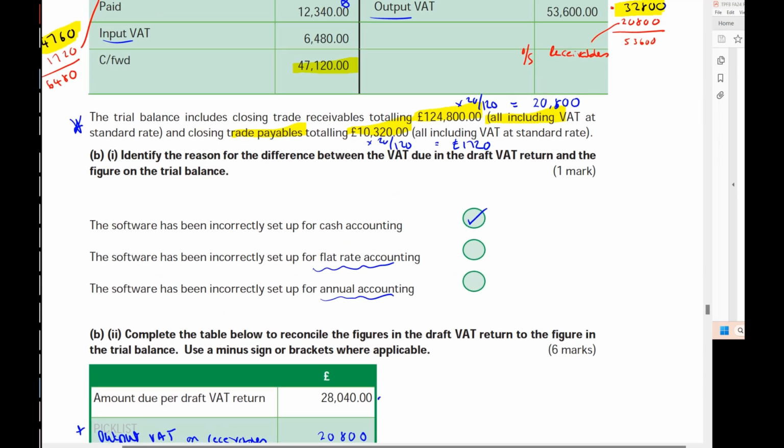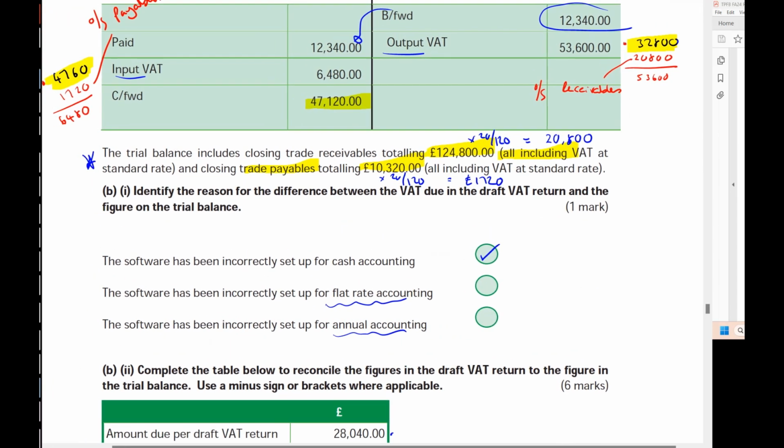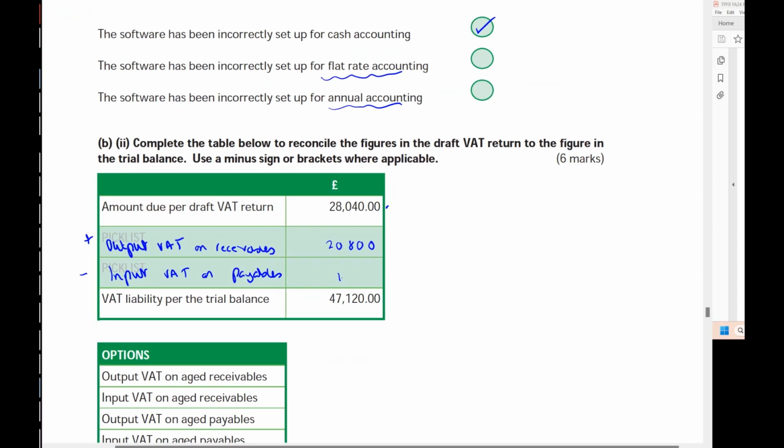Which was that one? 1720. And then that would then agree to the trial balance.